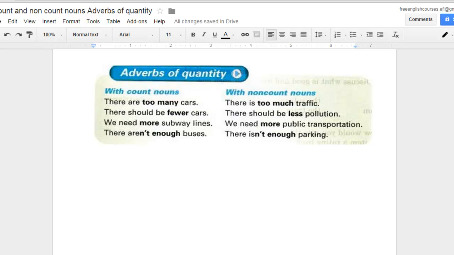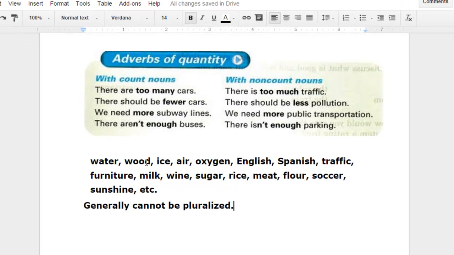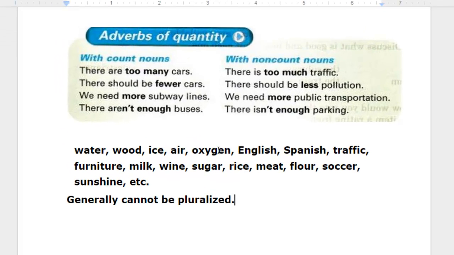So let me give you more examples of some of the things that cannot be counted quite easily, and therefore we consider these non-count nouns. So if we think about things like water, wood, ice, air, oxygen, English, Spanish, these are subjects, traffic, furniture, milk, wine, sugar, rice, meat, flower, things like sports, soccer.